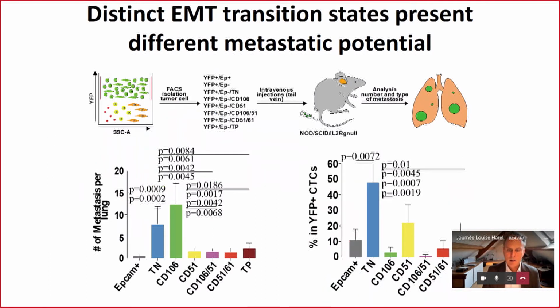And I think one of the most important findings of this study was the fact that when we tested these different populations for their ability to give rise to lung metastasis by tail vein injection, we found that the most mesenchymal tumor cells, the triple positive tumor cells, were not at all the most metastatic cells in this population. And the most metastatic cells were actually the early hybrid EMT population.